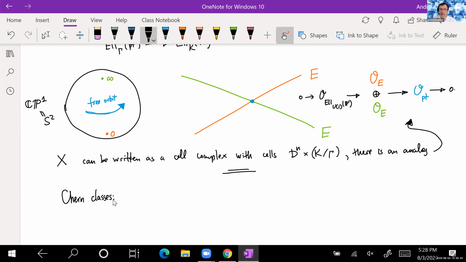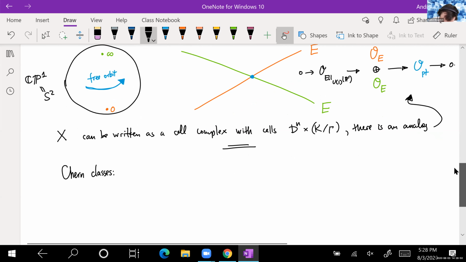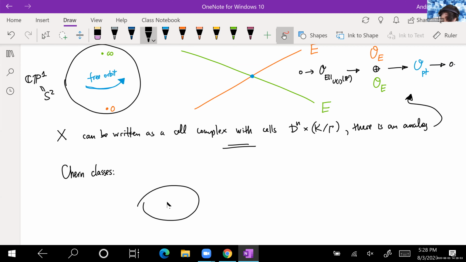Chern classes, if I have a vector bundle over X, so I have my X, and I have a vector bundle over it, call it V. Having a vector bundle over X is the same as having a map from X to a point mod GLR, maybe a vector bundle of rank R. Sorry, I keep confusing compact groups with reductive groups.